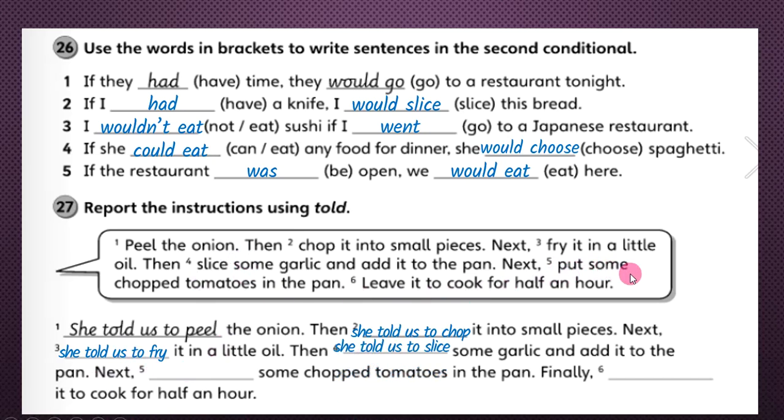Next, 5, put some chopped tomatoes. Next, she told us to put some chopped tomatoes in the pan. Finally, she told us to leave it to cook for half an hour. So we're not changing anything in the verb. We'll just add she told us to and then put the same verb.